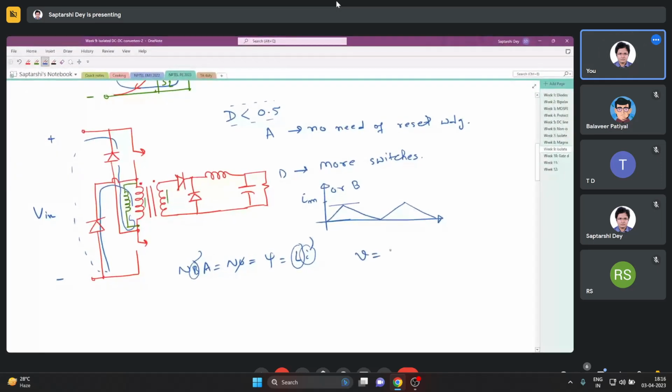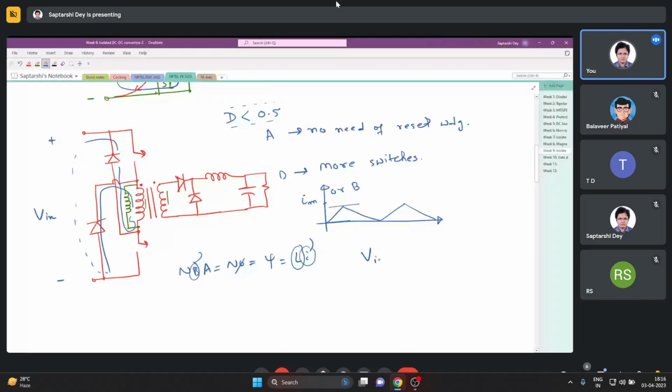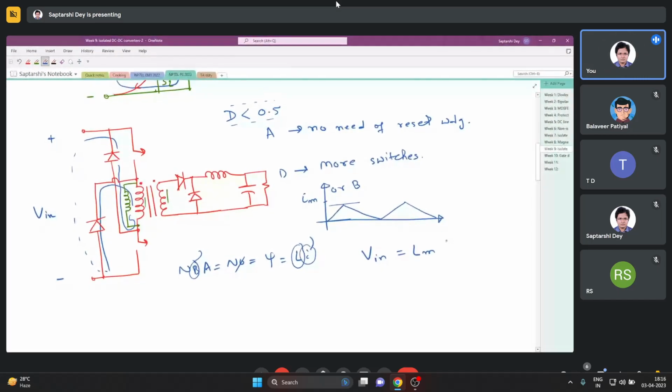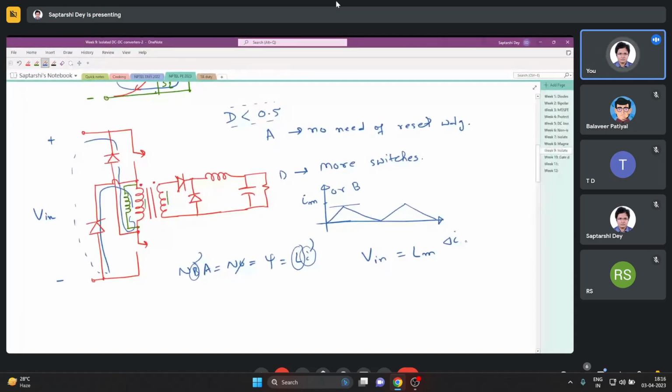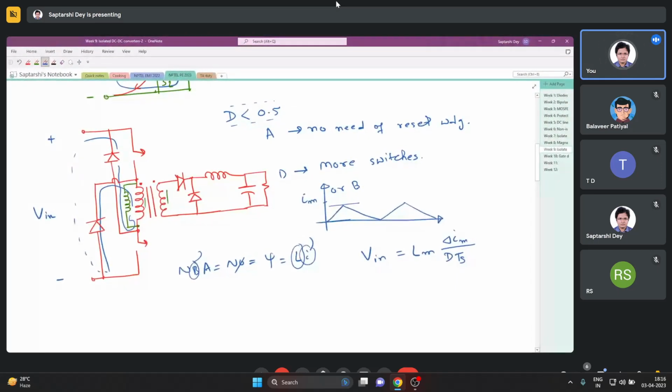Now you see, this increment in current, how is it defined? Whatever voltage V, generally the V in. Okay, V in equals Lm delta Im by turn on time D Ts generally. So it is defined by this. But the peak, the Bm, that is defined by the core, right?